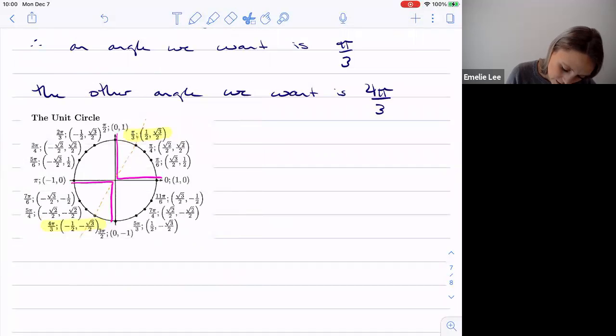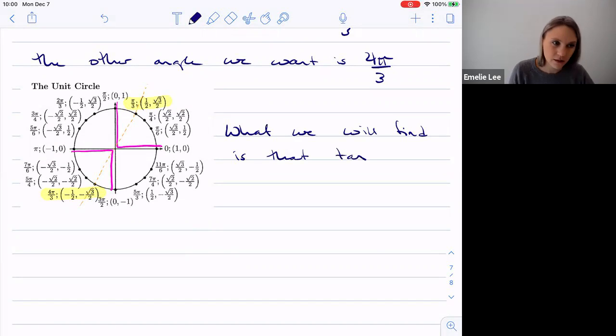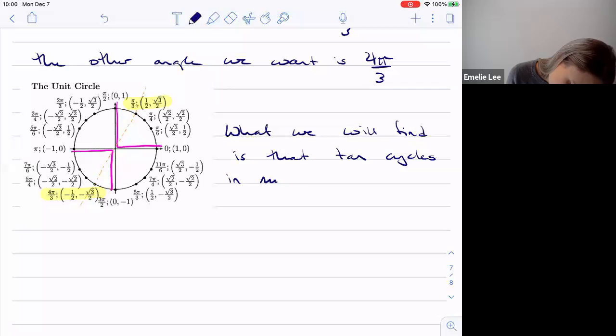So we notice, I'll say what we will find is that tan, the tangent, cycles in multiples of pi instead of 2 pi.